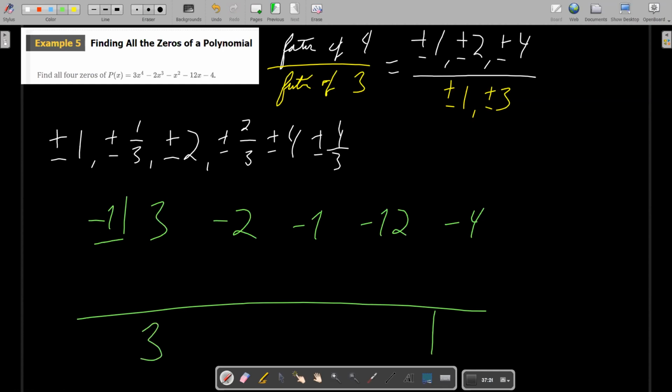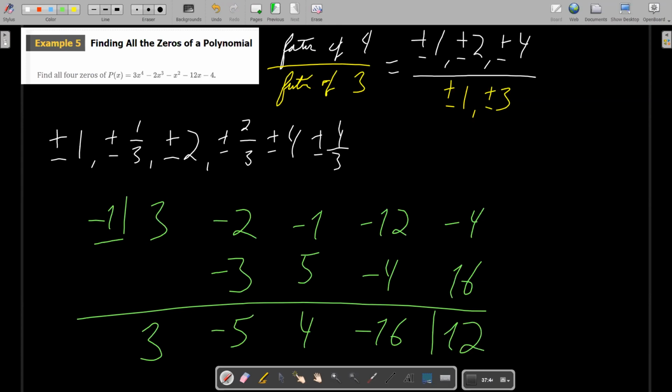So we got -3, -5, 5, 4, -4, -16. Sorry, I was thinking 16, and then 12. Okay, so here's what we do. Notice how we have alternating signs: positive to negative, positive, negative to positive. So this tells me that -1 is a lower bound.